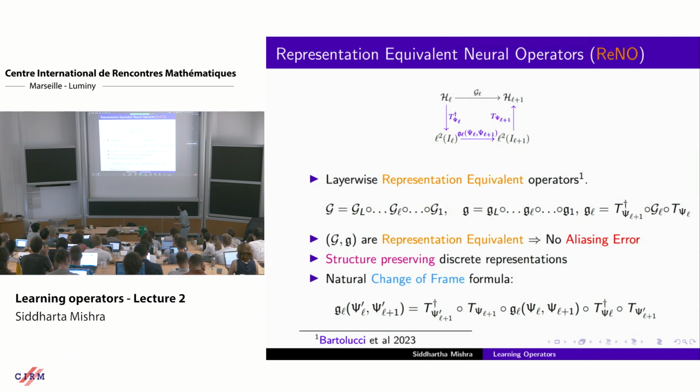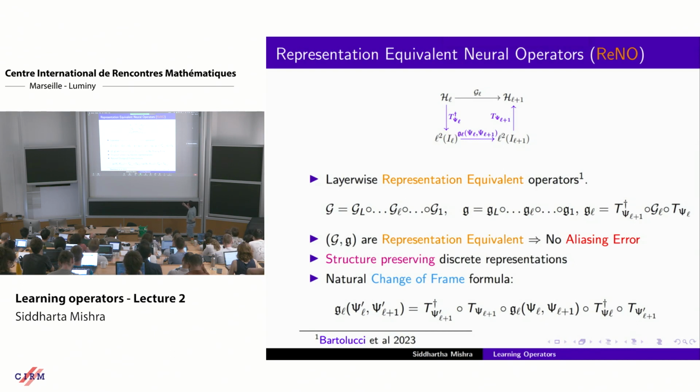Again, everything is still layer wise. It's very much functional analysis. So what you do is that you have a continuous operator which is a composition of different layers. Just as you would have in neural networks, you have its discrete versions which are also going to be compositions of different layers.